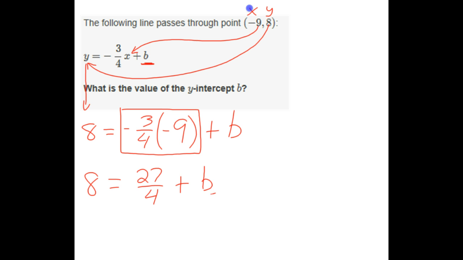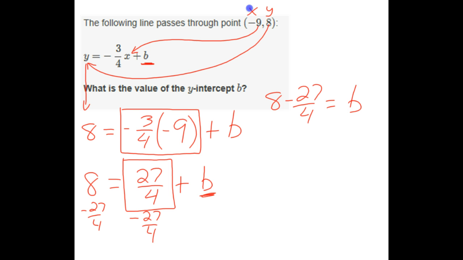I want b by itself, so how do I undo this? I undo that by subtracting 27/4. Over here, I'm going to subtract 27/4. So my answer will be 8 minus 27/4, and that will equal b. So 32/4 minus 27/4, because 8 is equal to 32/4.